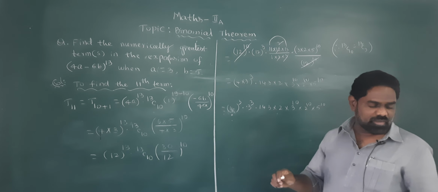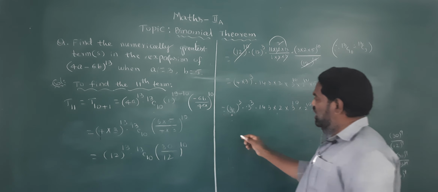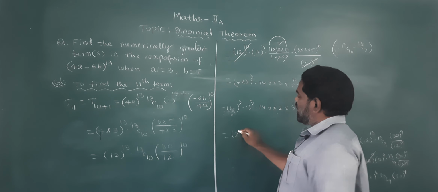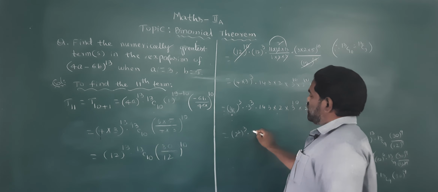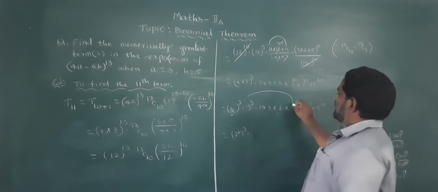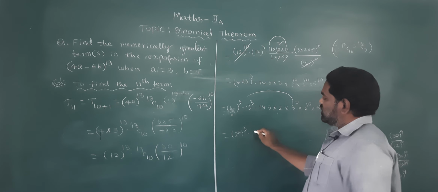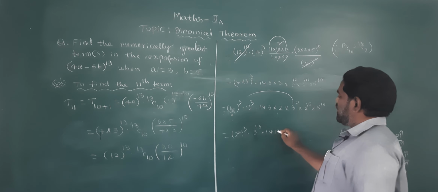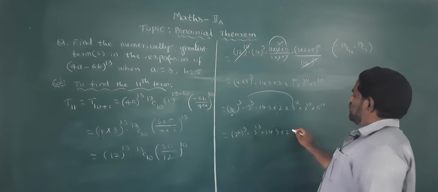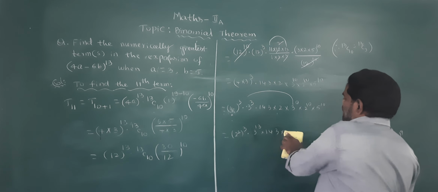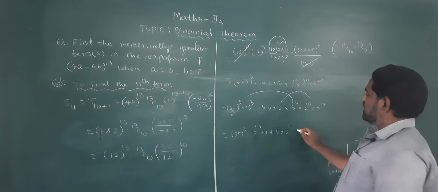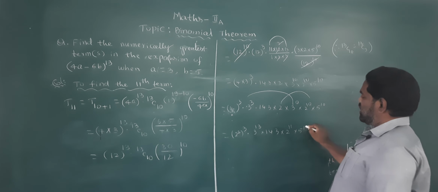Okay, it can be taken as (2 square) whole cube, 3 power 3, 3 power 10, 3 power 13 into 143 into 2 into, here listen one thing, 2 into 2 power 10, 2 power 11 into 5 power 10.